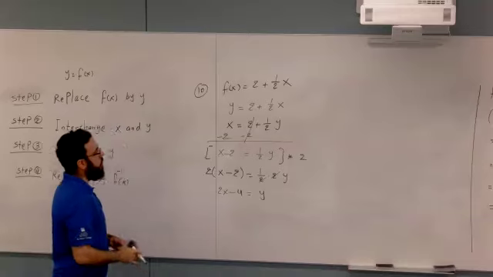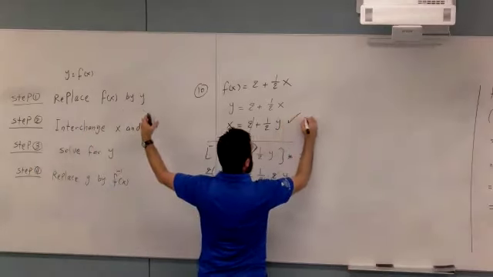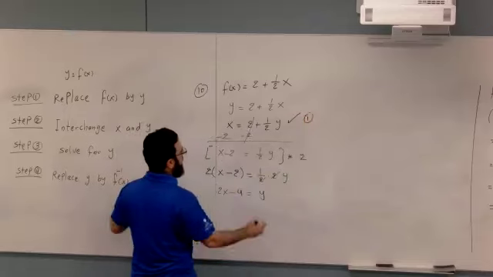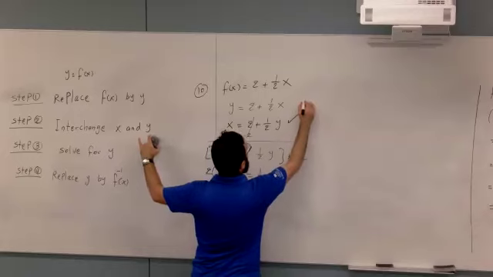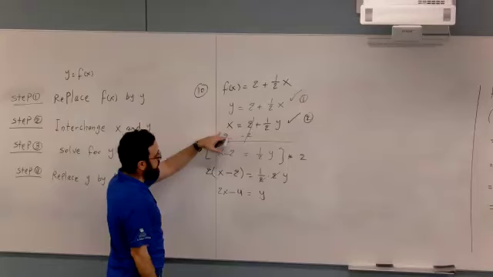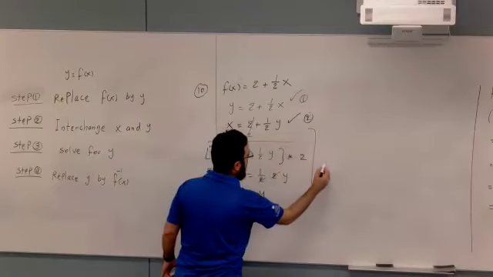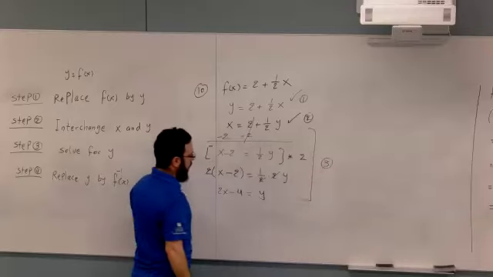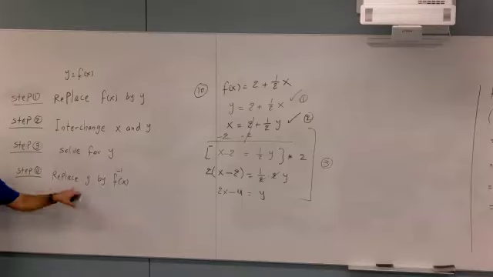So we did step 1 here. Step 2, interchange. Step 3, the whole thing here, we solve it for y. Is that okay? Now step 4 is what?